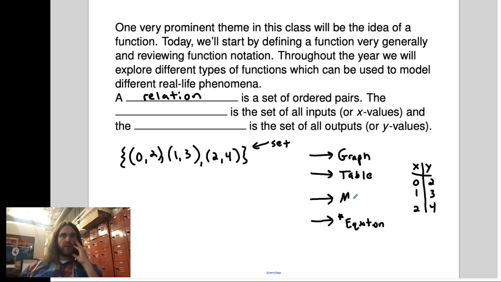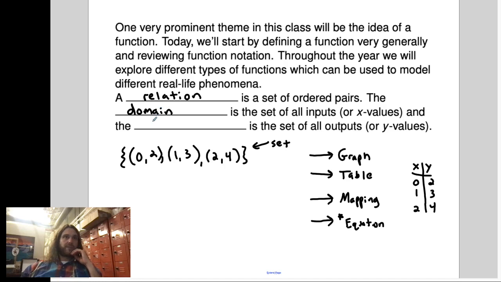The other one that we're going to learn about, or maybe refresh ourselves, is called a mapping. A mapping is just a way to connect the numbers, all our x values and our y values. And there's a nice segue. Turns out the x values and the y values have a name. If I were to write all the points in my relation on a piece of paper, and then cut them in half and put all the x values in one hat and all of the y values in a different hat, the hat with all the x values, we call that the domain of the function, okay?